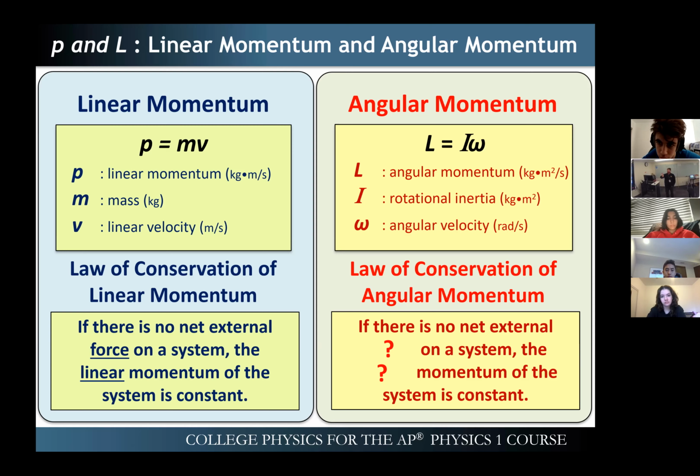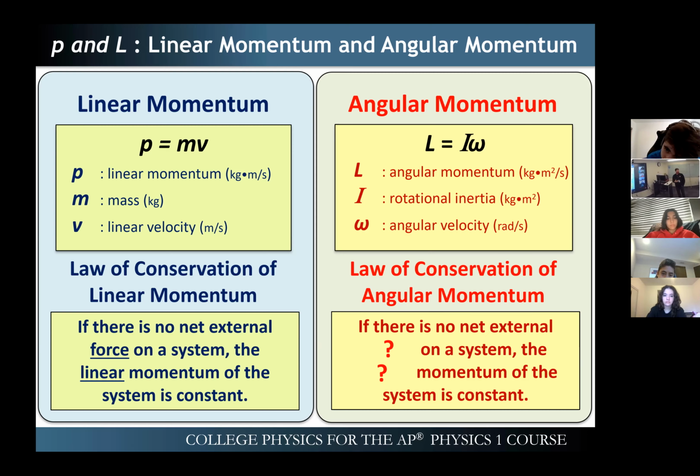On the blue side, the linear momentum side, it says law of conservation of linear momentum. And this conservation law is what makes momentum in either form extremely powerful for solving problems because it's conserved. So what the law of conservation of linear momentum says is that if there's no external force on the system, the linear momentum of the system is constant.